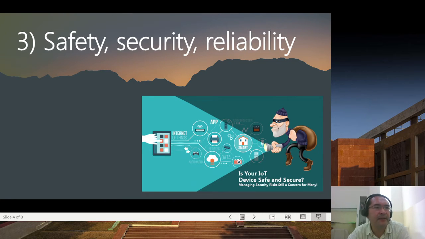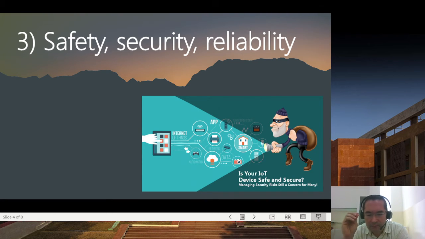Okay, so this is fine. Let's say you have thought about a very smooth information flow, and you are able to solve the problems of your user. But now you have to consider the safety, security, and reliability of your product or service.